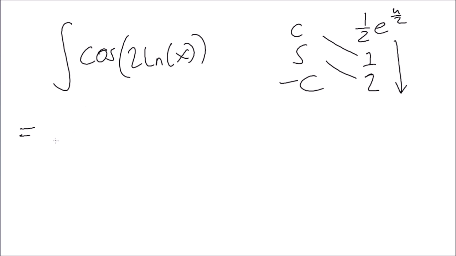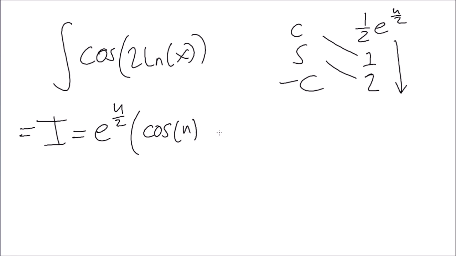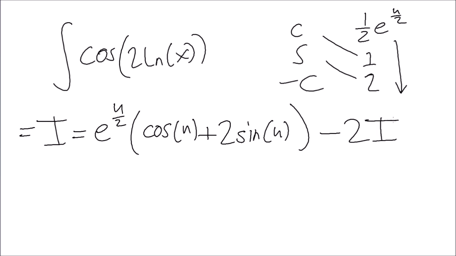This would be like I is equal to e to the u half cosine of u plus 2 sine of u, and then minus 2i, right?